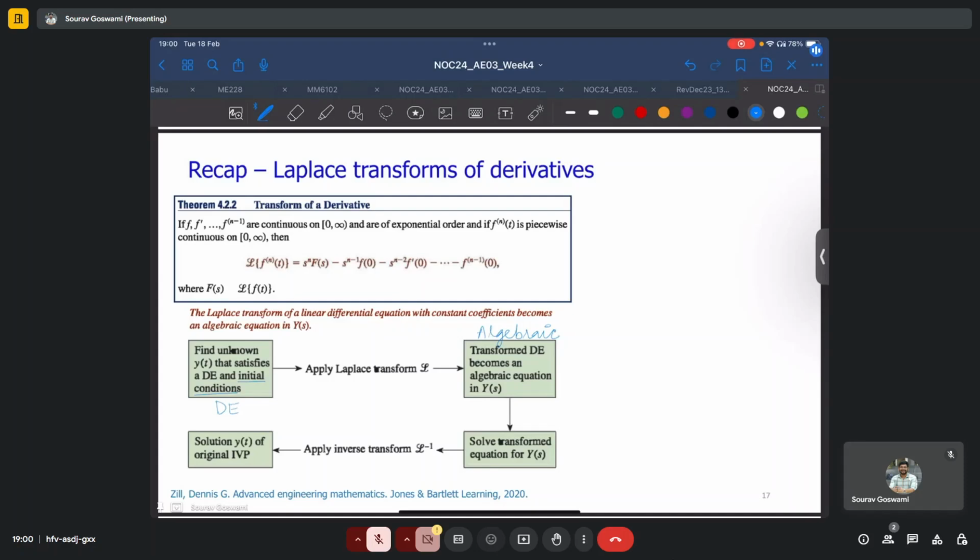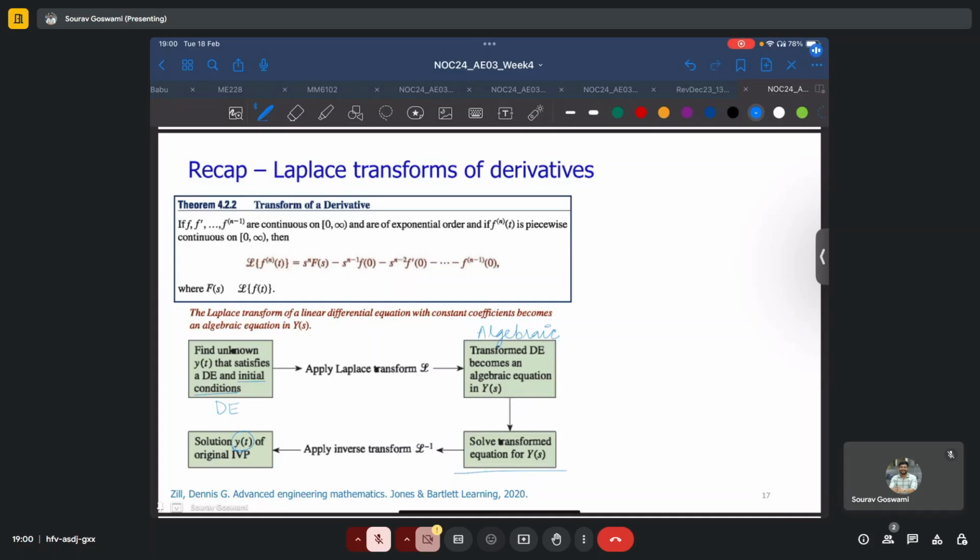So we solve this algebraic equation and then we obtain the function capital Y of s, which is in fact the transformed version of our original function of interest y of t. Once we have Y of s, we simply apply the inverse Laplace transform and obtain the original function that we were looking for, y of t. And this is the real motivation for learning about Laplace transforms.